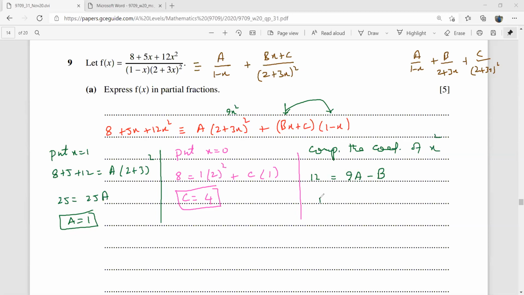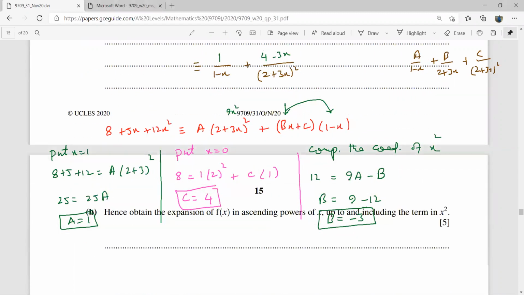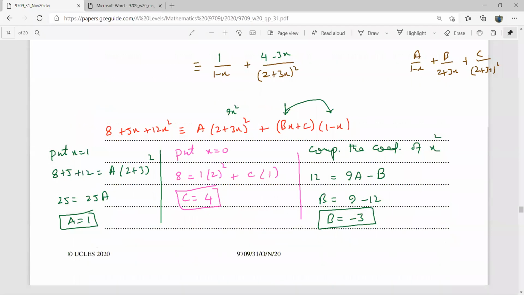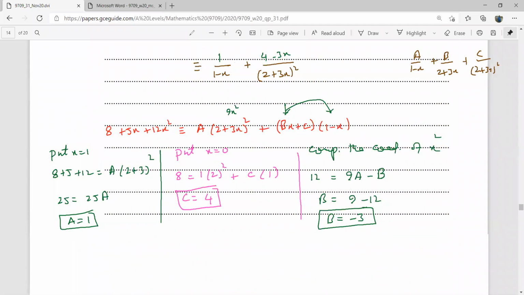So this b is going to be 9 minus 12, so b is equal to minus 3. Therefore, this is going to be 1 over (1 minus x) plus (4 minus 3x) over (2 plus 3x) squared. Now we have to expand this up to x squared.